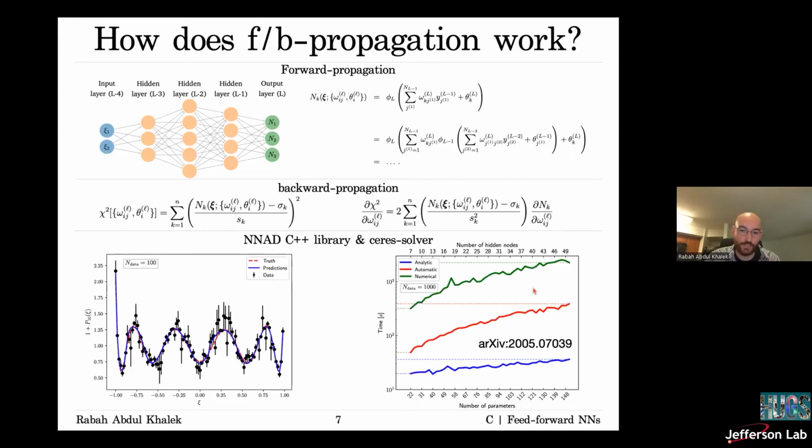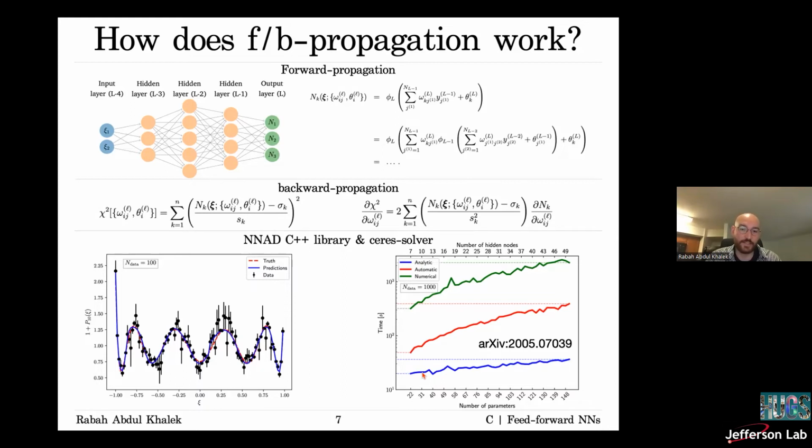And there are many ways to do it. You can do it numerically, where you just take some approximation of the derivative via finite difference, or you can do it with automatic differentiation or analytic. Both automatic and analytic give you the same accuracy on the derivative, but if you can code the analytic derivatives of a neural network, you can end up having a very performant minimization.